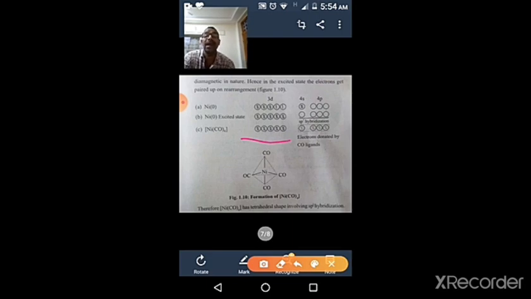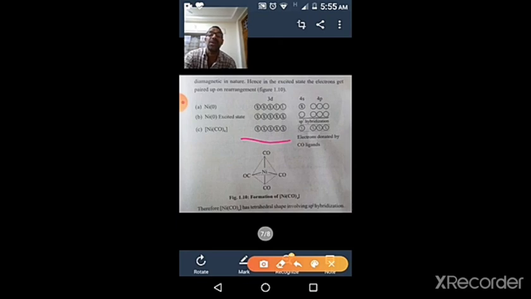Then a ligand has to provide an electron pair, which is available in a lone pair orbital of the donor atom. Then an overlapping of the filled orbital of the ligand with the vacant orbital of the metal takes place, and a coordination bond is formed.